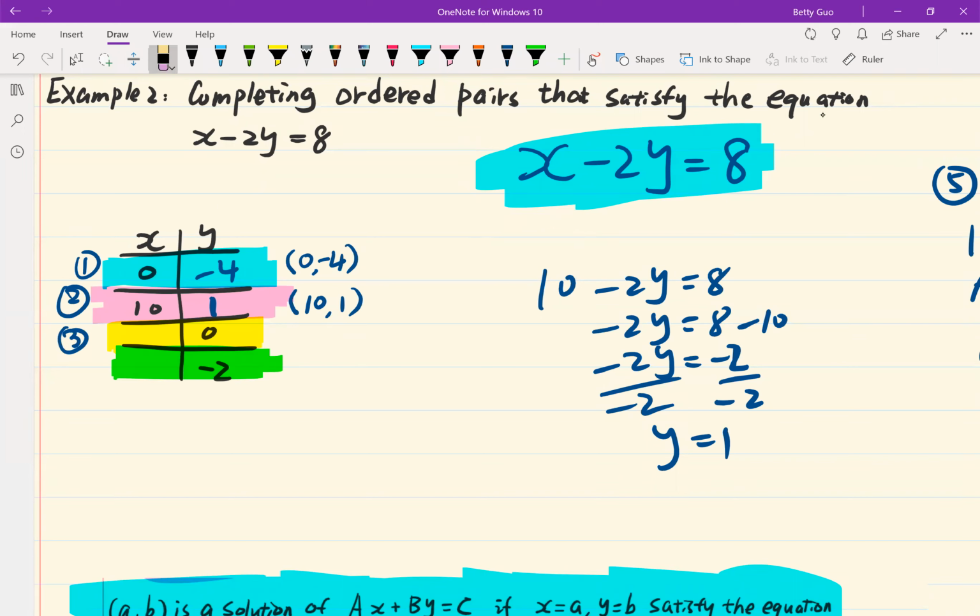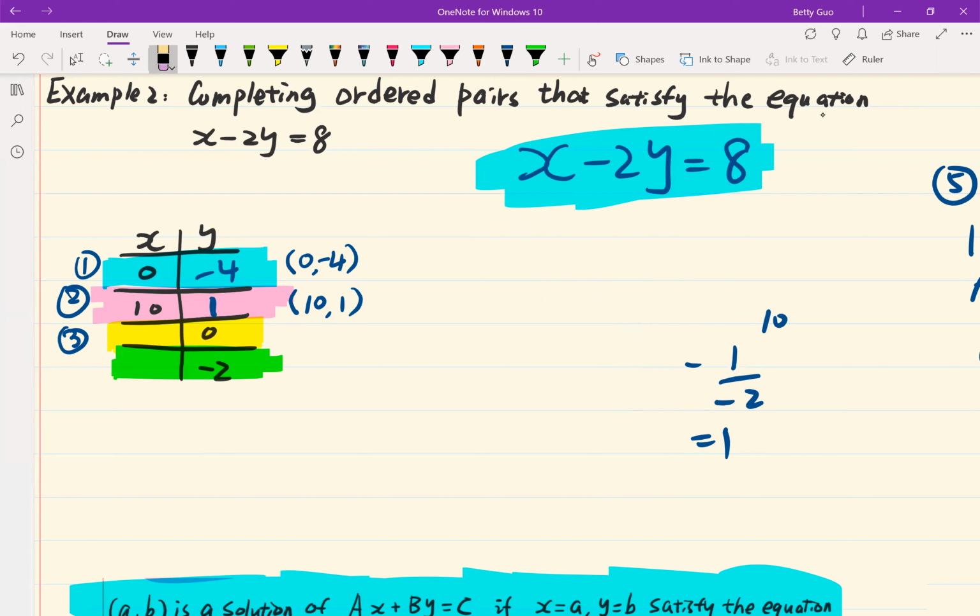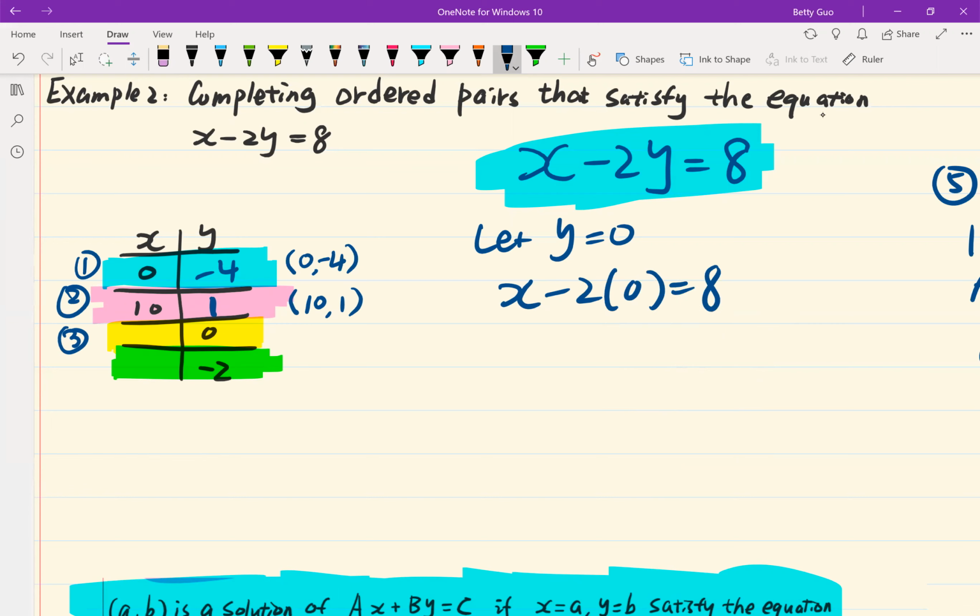Number 3. This time, the value of y is given. We need to solve for x. So we let y be 0, the yellow part. Let's plug in y equals 0. We have x minus 2 times 0 equals 8.